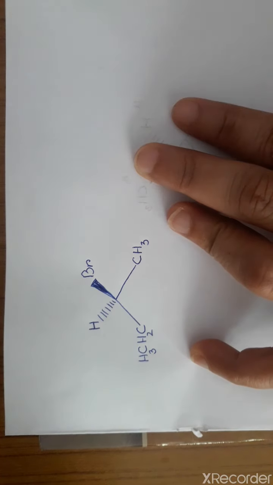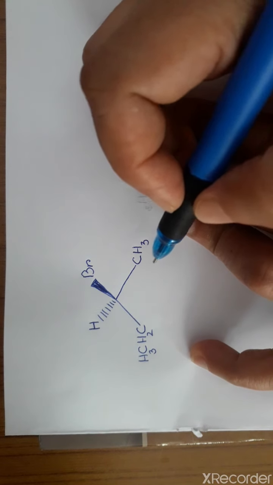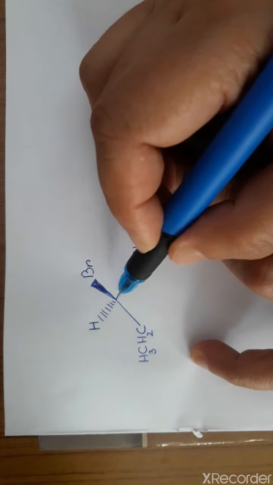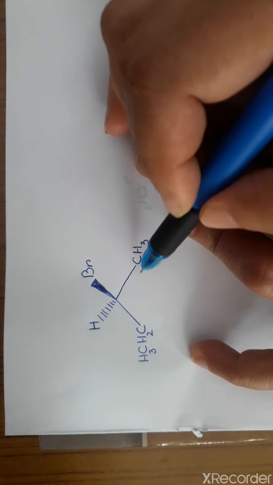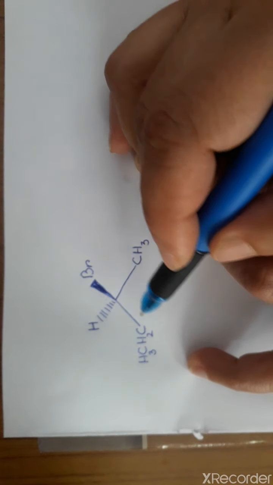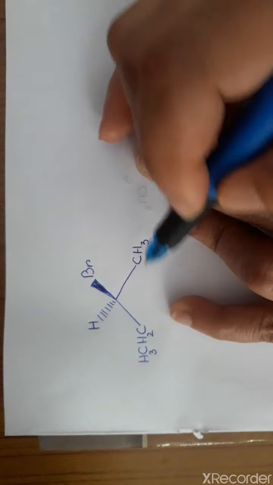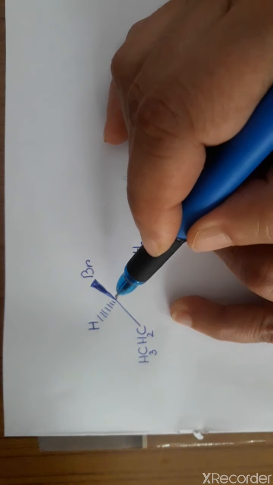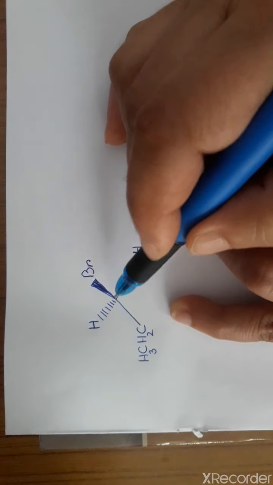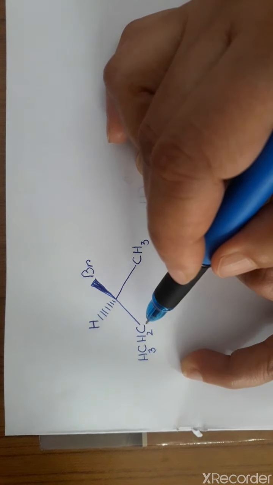Now let us discuss the second rule of CIP. According to that, if a chiral carbon is attached to the same two atoms, as in this molecule, where the chiral carbon is attached to an ethyl group and a methyl group, the directly connected atom is carbon in both cases.